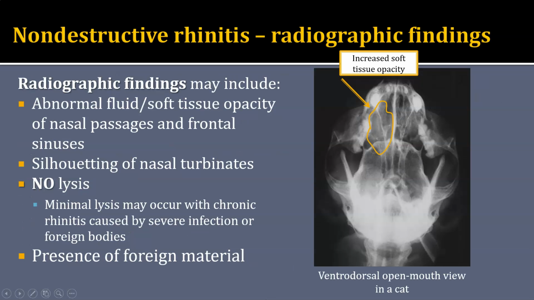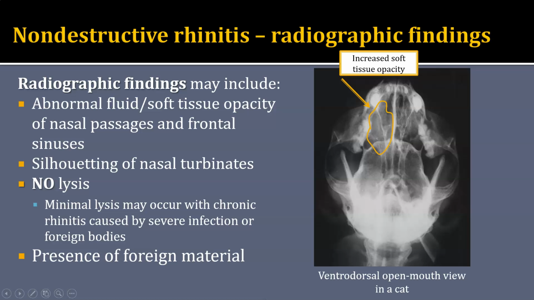This slide lists the possible radiographic findings that we might identify in non-destructive rhinitis. And the main thing, again, is that we're going to see abnormal fluid or soft tissue opacity within the affected portion of the nasal passages and potentially the frontal sinuses if they're involved.